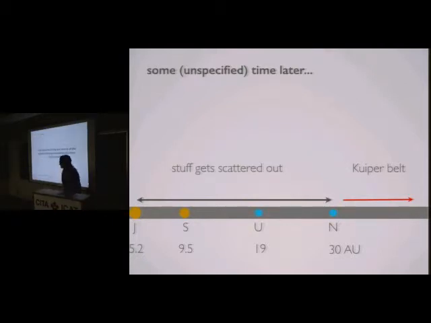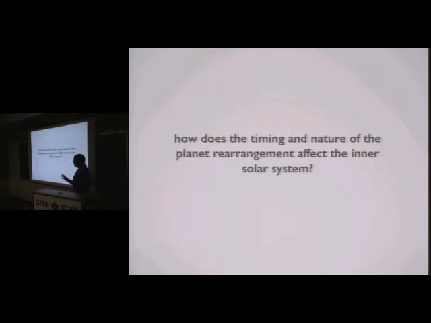So I said I was going to discuss why we care about this process other than just, it's always nice to know what happened. But what are some other effects of this, and how it affects the inner solar system is particularly of interest because we're in the inner solar system, we're on Earth, and we might like to know what would happen to Earth when the giant planets are undergoing this huge rearrangement.